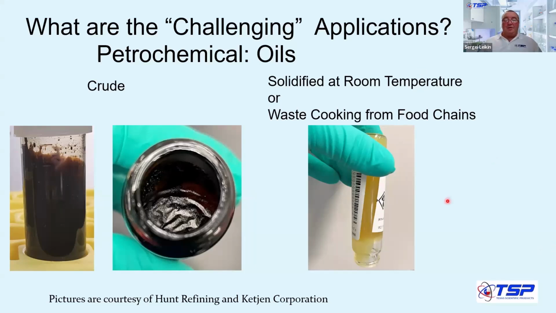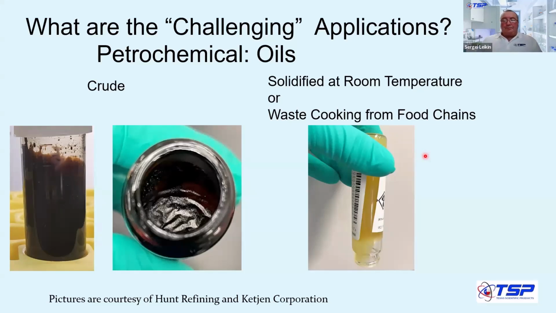What you see here is this vial turned upside down and nothing coming out of it, right? Another example of this type of oil, solidified at room temperature, would be waste cooking oil from food chains, used in biodiesel production and things like that.